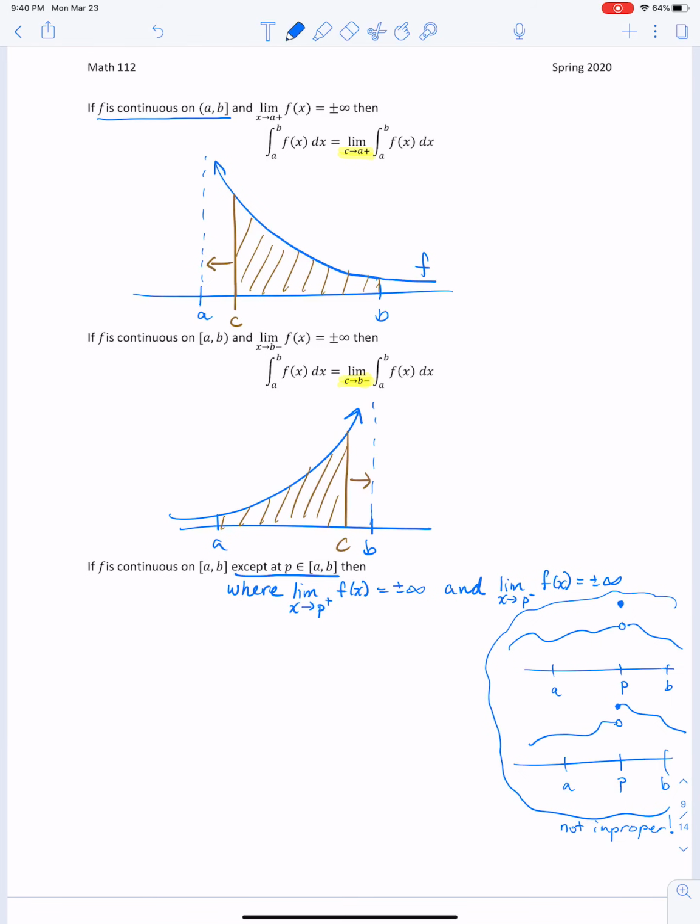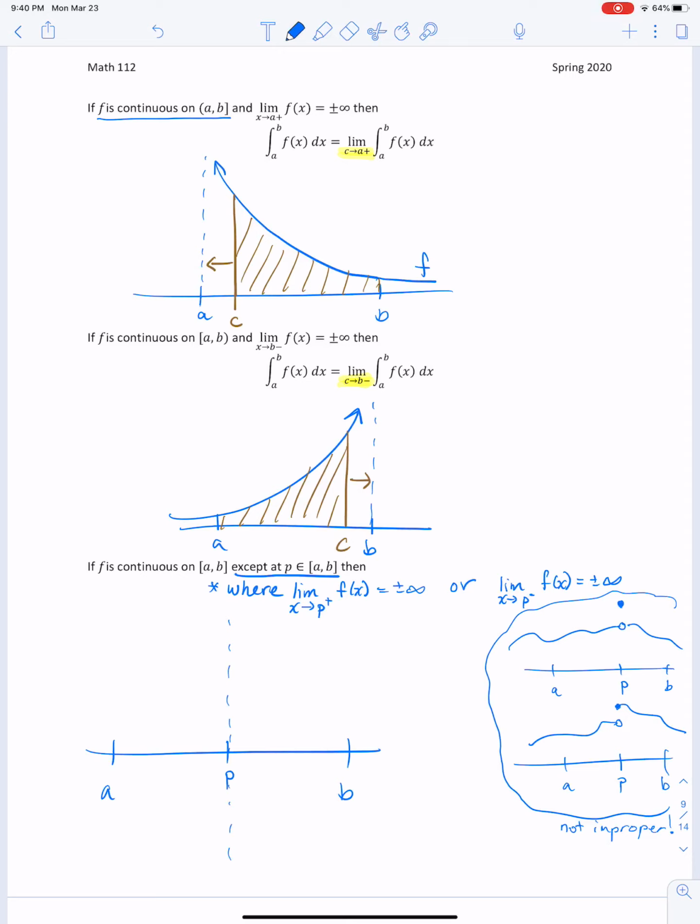Okay, let me give you the cartoon of the actual improper case. Here we are assuming there's some impropriety, and in fact you don't necessarily need both of these being infinite in order to have an improper integral. The cartoon is we have P, and we have A and B, and there's a vertical asymptote here.